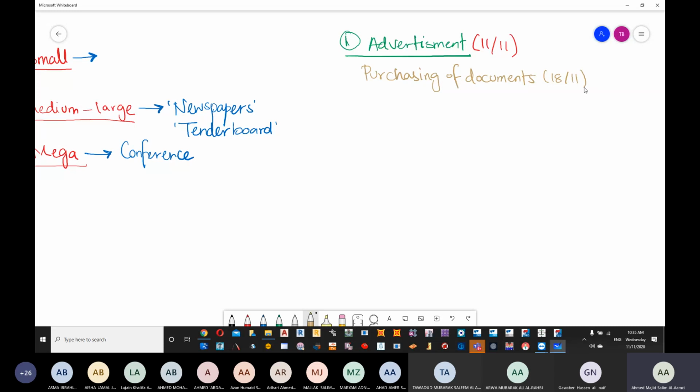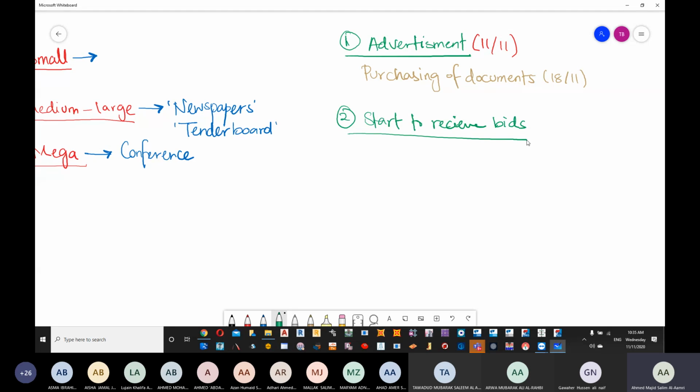Okay, so after we have shown the purchasing of documents, we come to the second point, which we call start to receive bids. We are going to start to receive the bids.